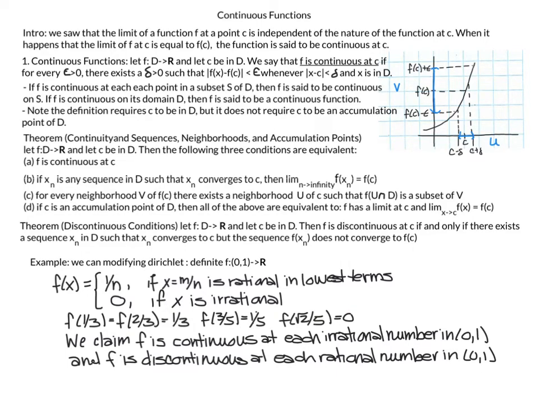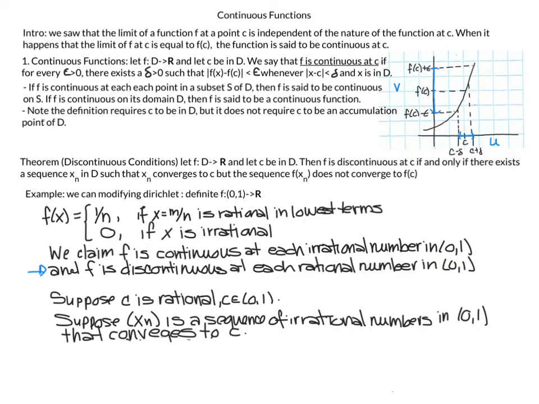And the claim is f is continuous at each irrational number in the interval 0 to 1, and it's discontinuous at each rational number. We are going to start with the easier proof, to show that something is discontinuous at each rational number, again using this theorem here.